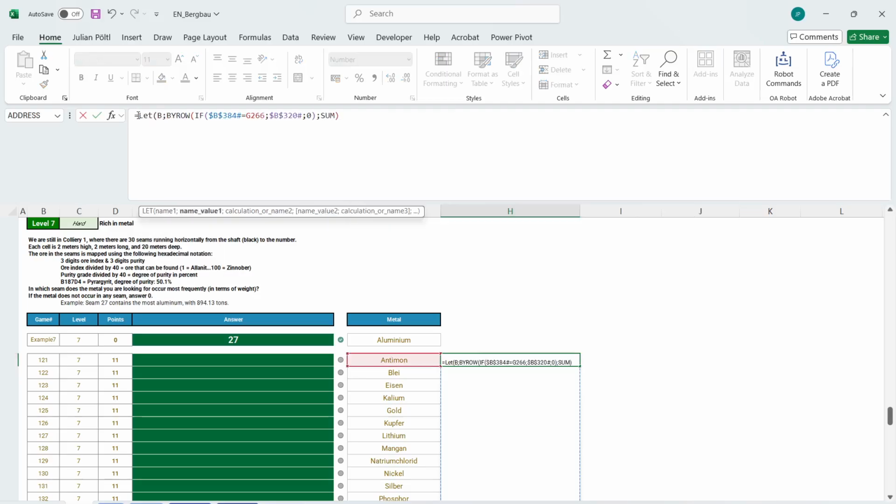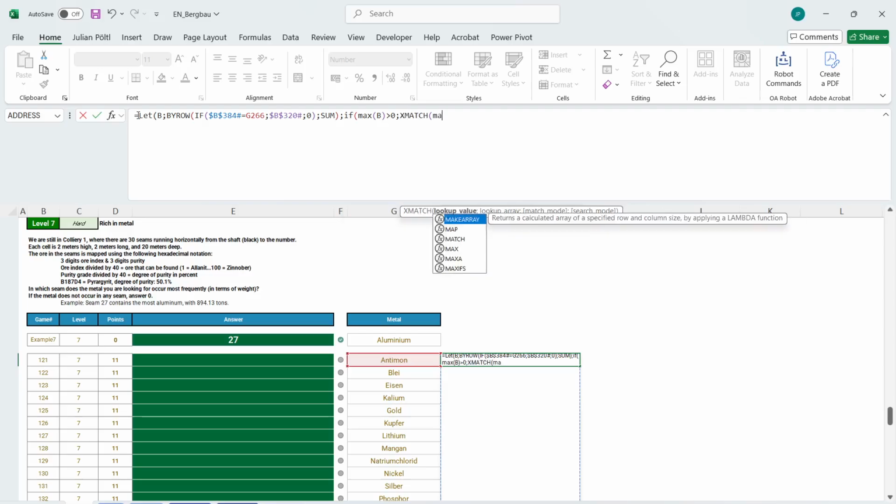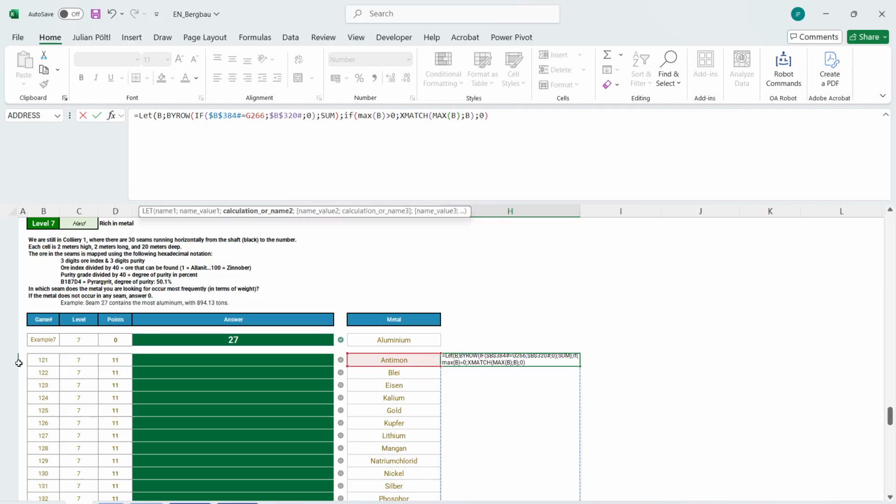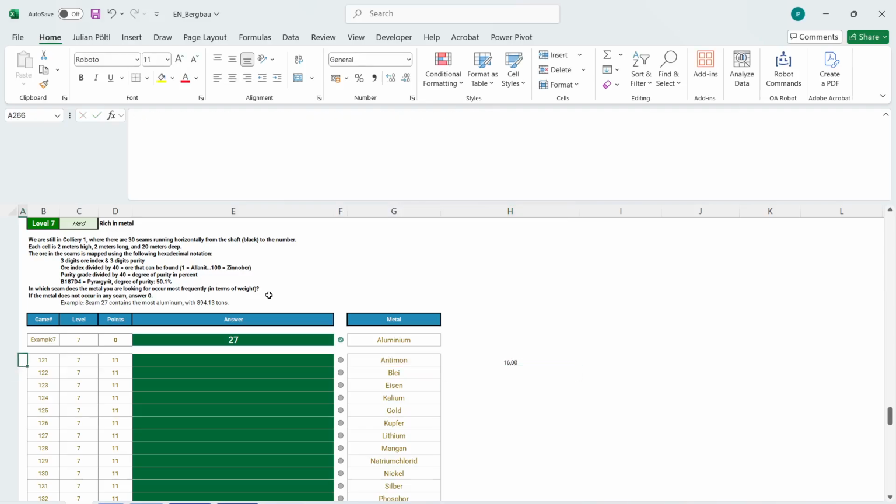And then we do an if max of b is larger than 0, then a max match max of b in b, because we have all the seams in total, otherwise 0.